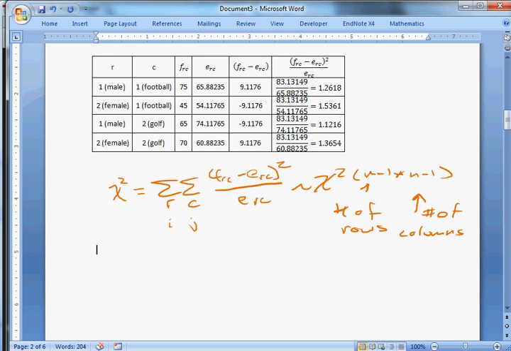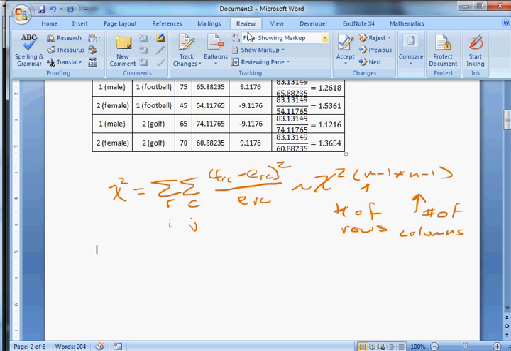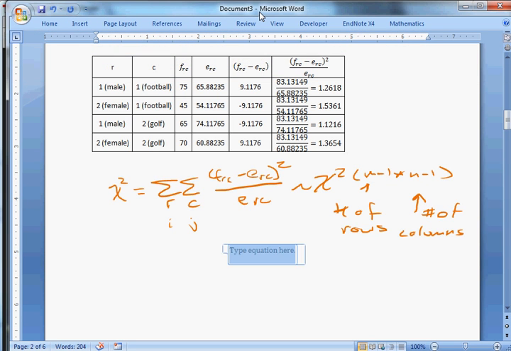1.2618 plus 1.5361 plus 1.1216 plus 1.3654. And if you do that, you're going to get chi squared equals 5.285.